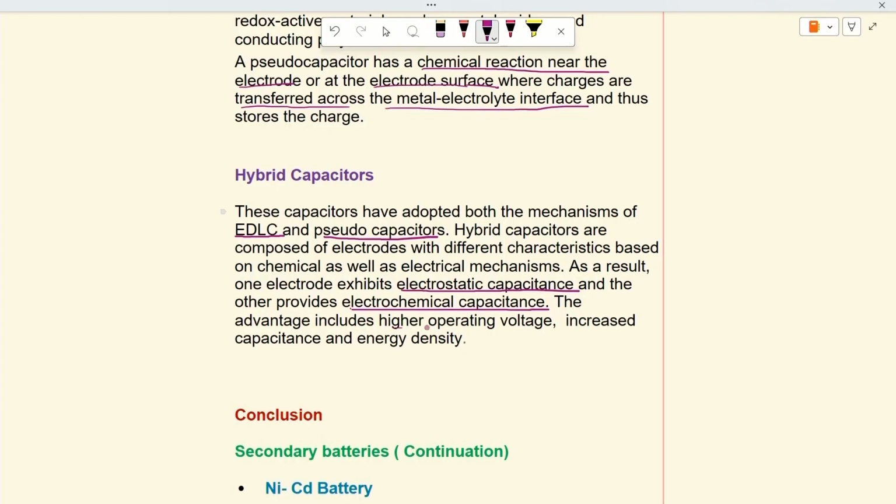And one more important advantage is that such types of capacitors have higher operating voltage and increased capacitance, capacitance is very high, and a very large energy density. So, these are better than either the ordinary capacitors or supercapacitors and also pseudo capacitors.